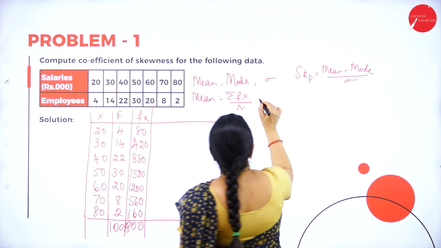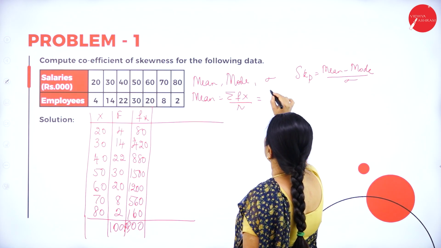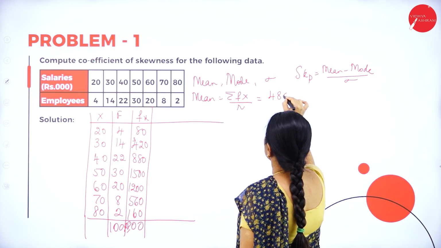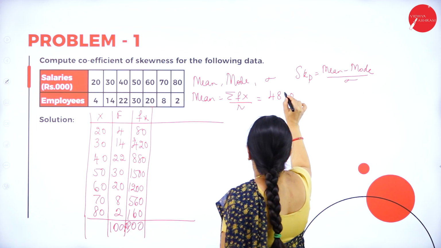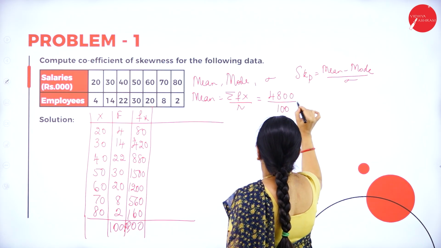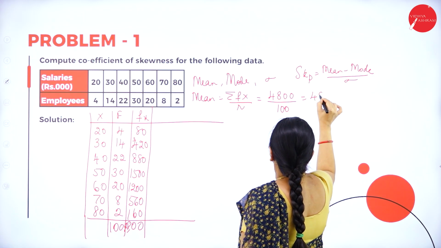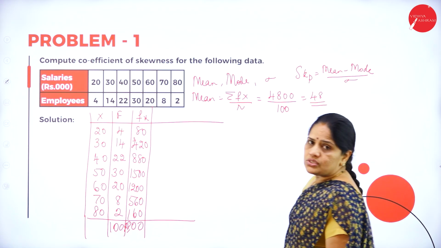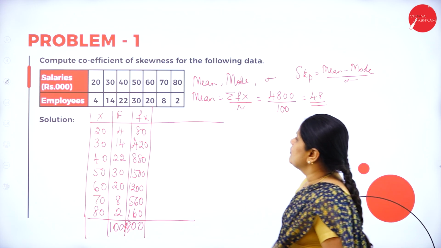So this will be sigma Fx equals 4,800 divided by 100, which is equal to 48. So we got the mean value as 48.